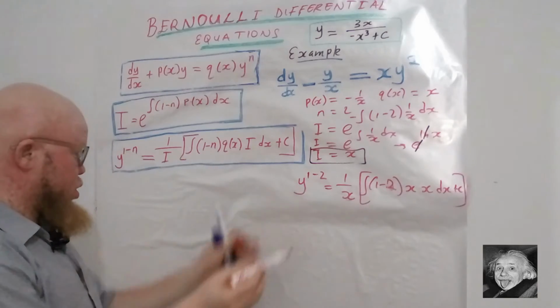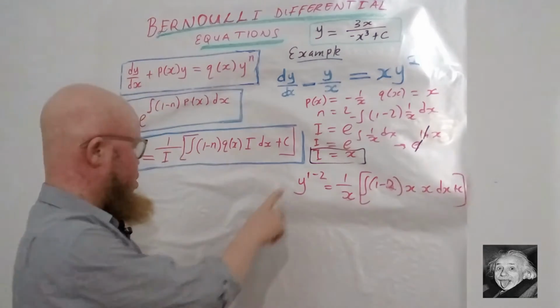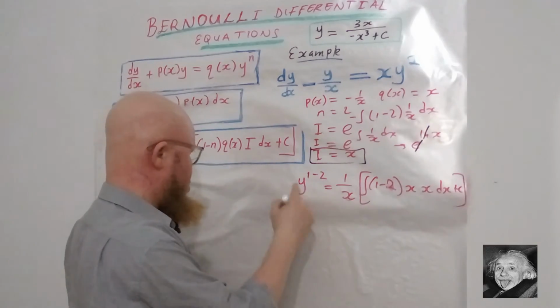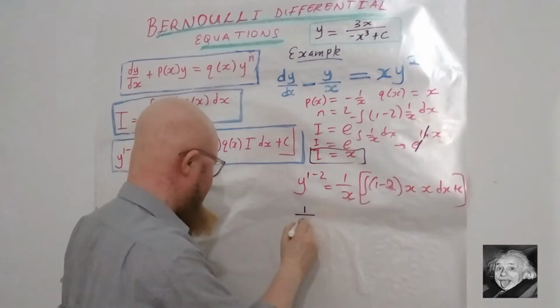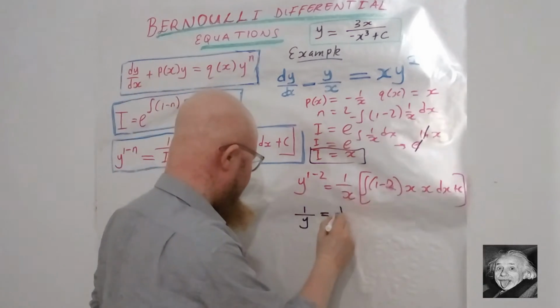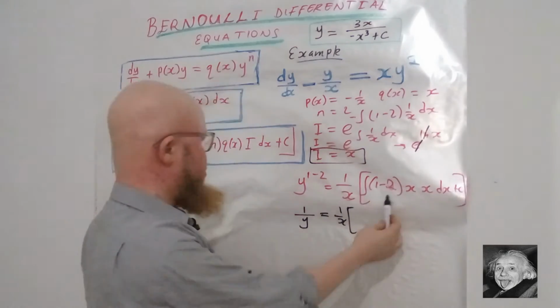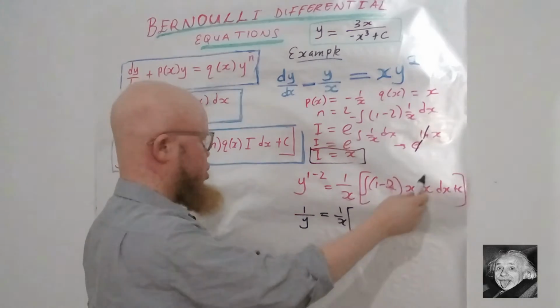So let's evaluate all this. y to the power 1 minus n gives me y to the power minus 1, which I can write as 1 over y. This is equal to 1 over x, times the integral of minus 1 times x squared.